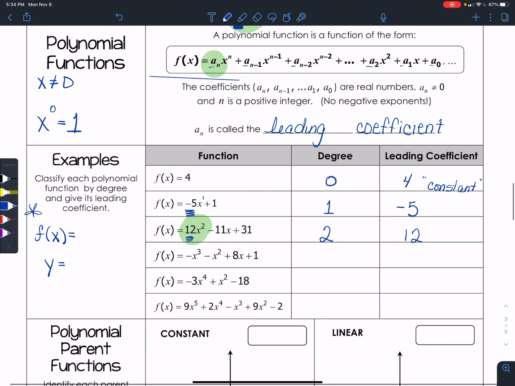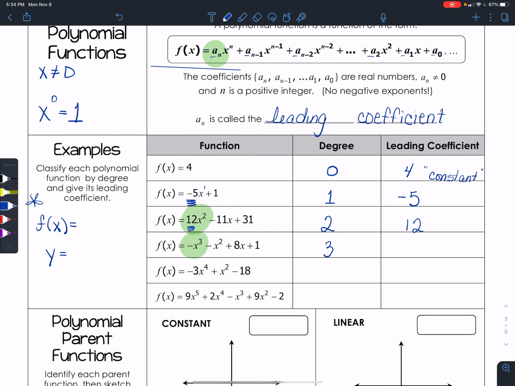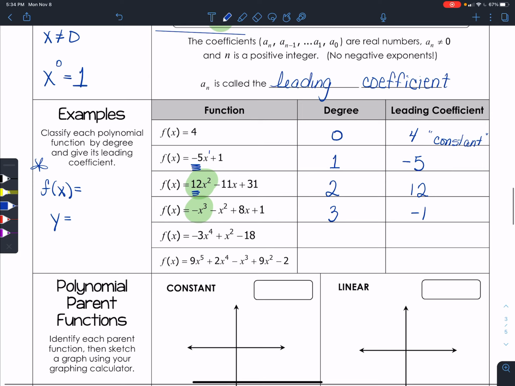On this next example, our leading term is negative x cubed. Our leading degree is 3, and our leading coefficient is negative 1. Then on this next one, our leading term is negative 3x to the fourth.